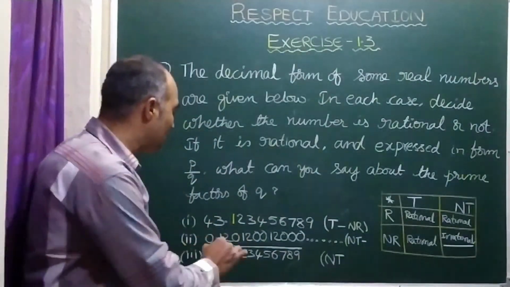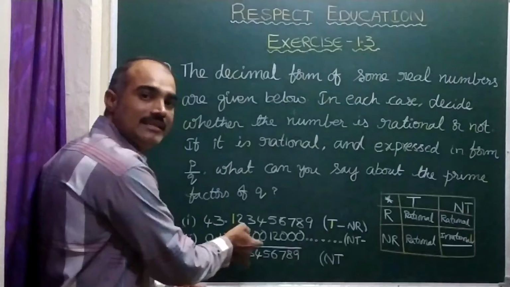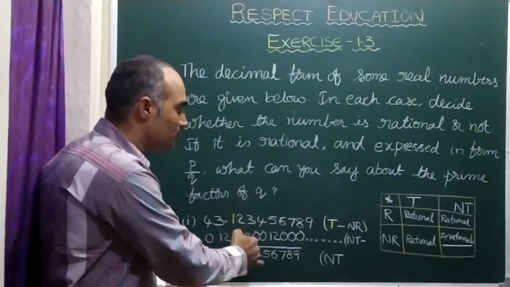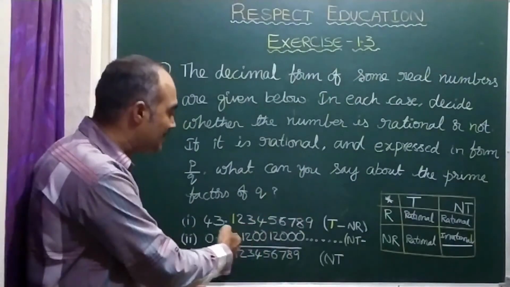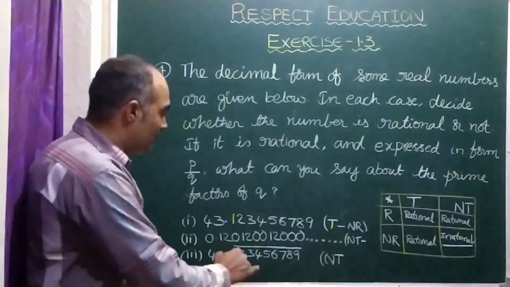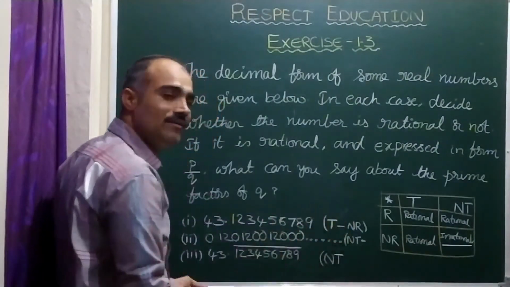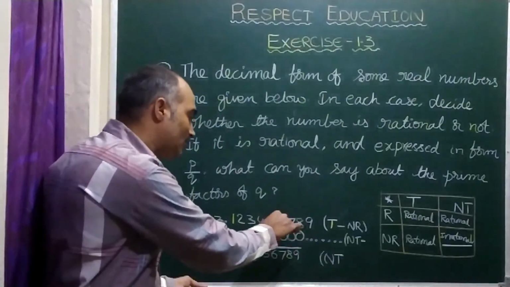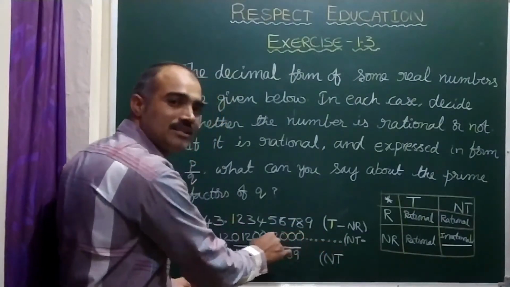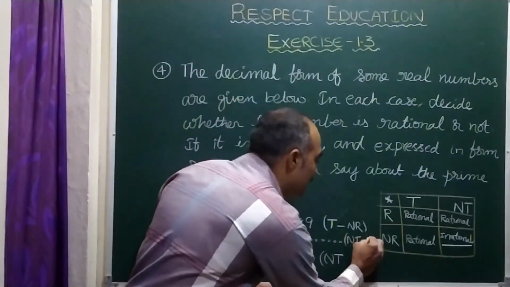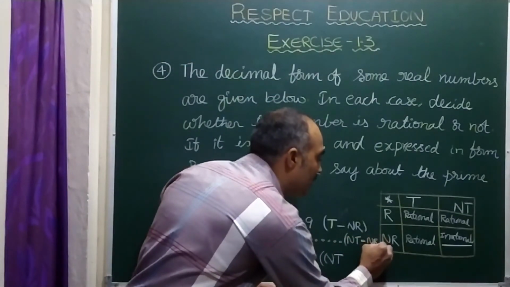For example, if I keep a bar on 120, this number should be 0.120120120 like that, but that is not like that. If I keep the bar on 1200, the 1200 should be getting repeated. So here it is non-terminating because of these dots, and also non-recurring, meaning particular digits are not repeating.